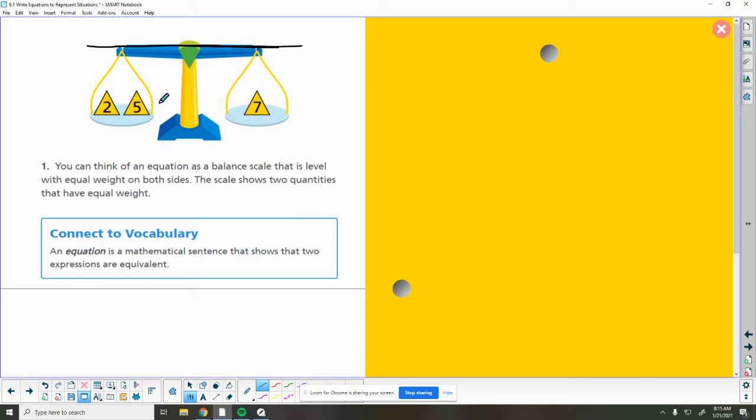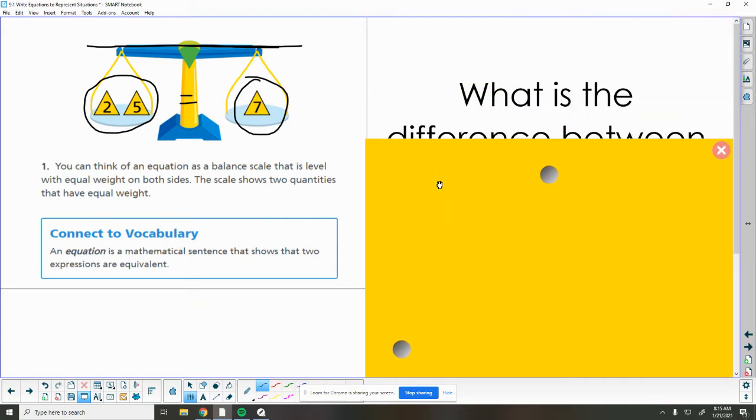So even though they don't have the same thing on both sides, their values end up being the same. So an equation is a mathematical sentence that shows two expressions are equivalent. So we have an expression on this side, we have an expression on this side, and this is saying they are equal. So equations have that equal sign. So two expressions that are equal.